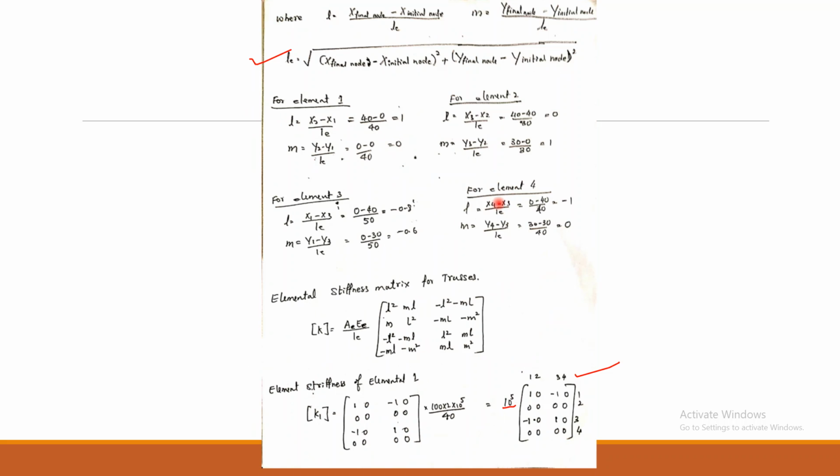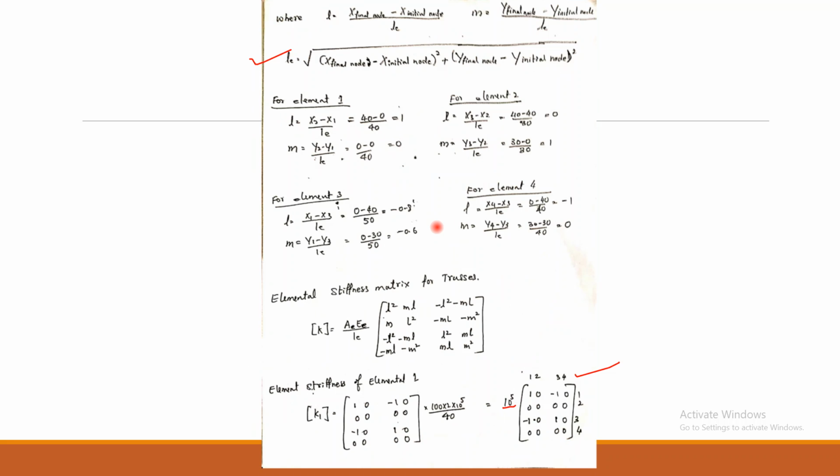before that you mention each row with the global degrees of freedom 1, 2, 3, 4, 5, 6, 7, 8, and each column has 1, 2, 3, 4, 5, 6, 7, 8. Once this is done, you have to refer to the individual element stiffness matrix for each coefficient, that is A11, A12 like that. Here 11 has a 1, and we don't find any 1 connectivity from element 2.